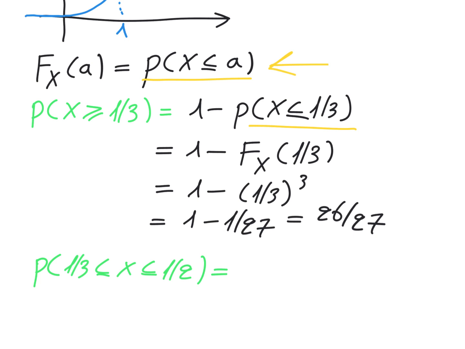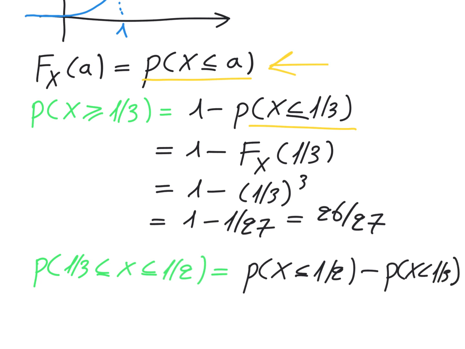Well, if x lies between 1 over 3 and 1 over 2, then we can rewrite that as the probability that x is less than 1 over 2 minus the probability that x is less than 1 over 3. And here too, we can change this strict inequality to less than or equal to.